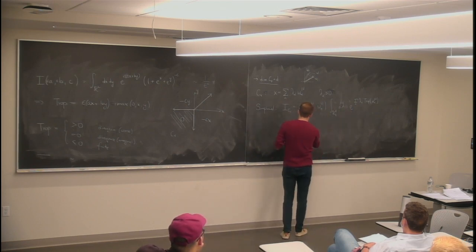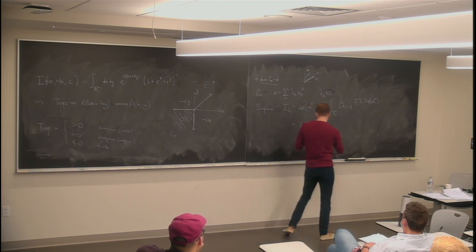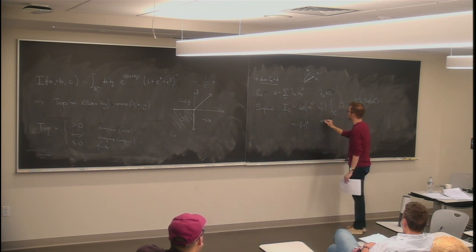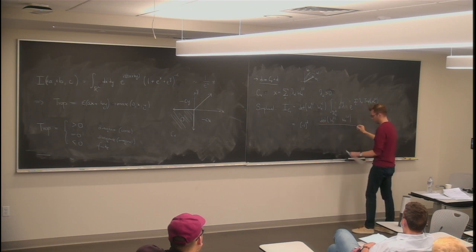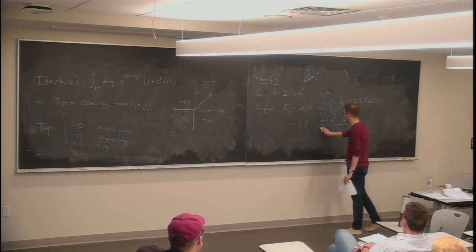So you can simply put this integral here. It's very simple because everything is linear. And you will get minus 1 to the d. Then you copy this permanent.